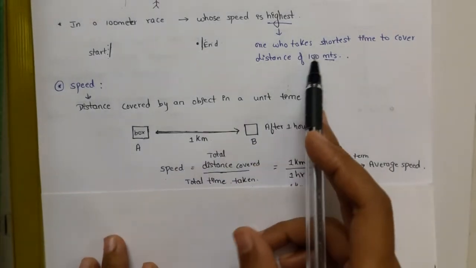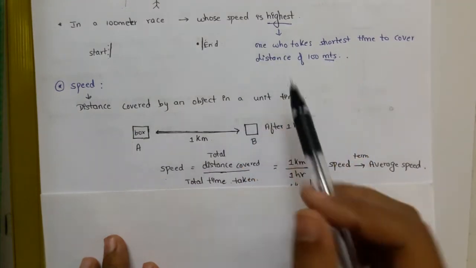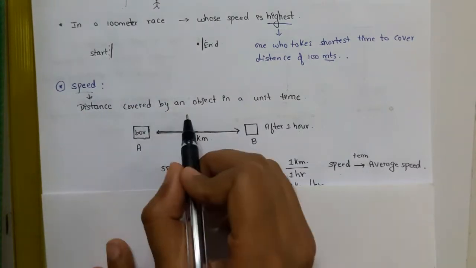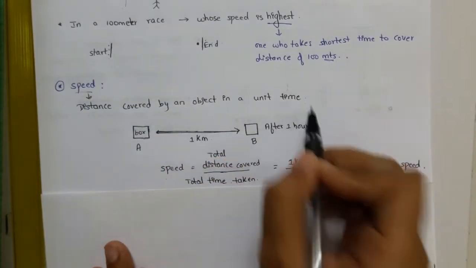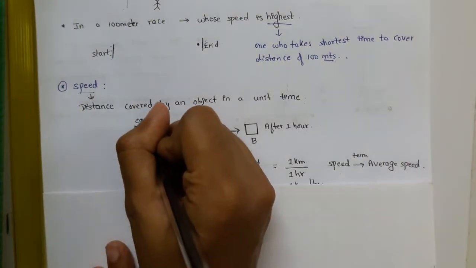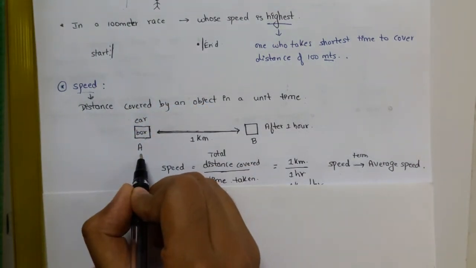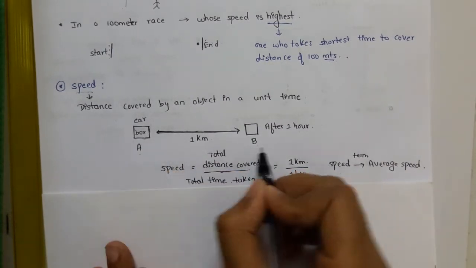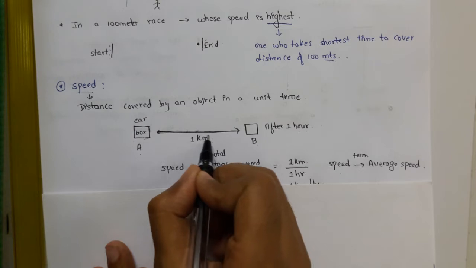We mentioned the term speed in the previous examples. So what is speed? Speed is the distance covered by an object in a unit time. For example, let us take a box or a car at a point A, and it has to reach point B. The distance between A and B is 1 kilometer.